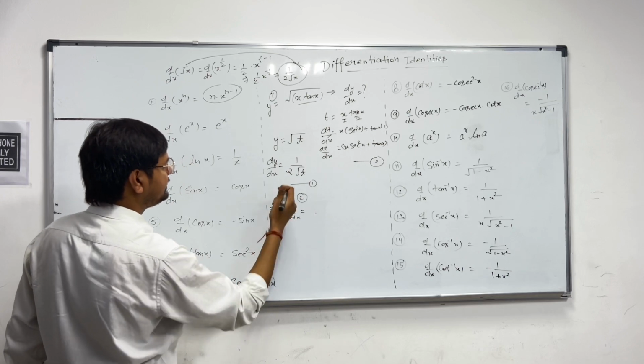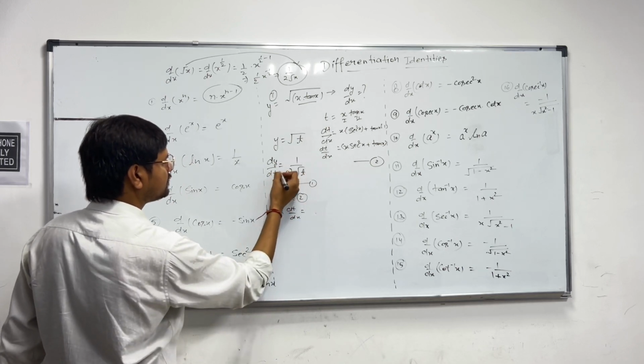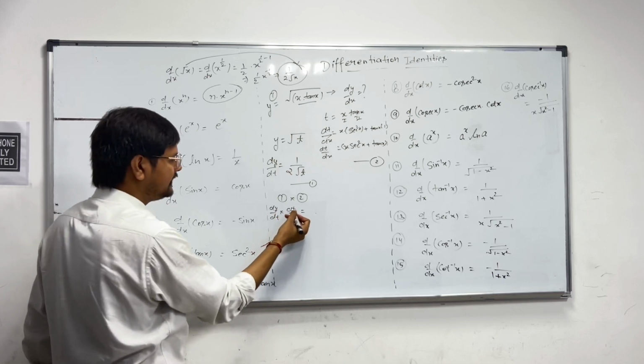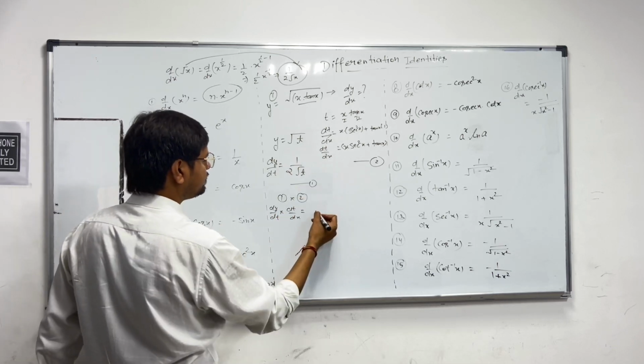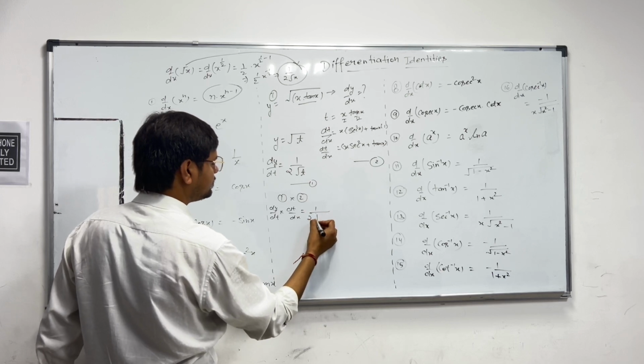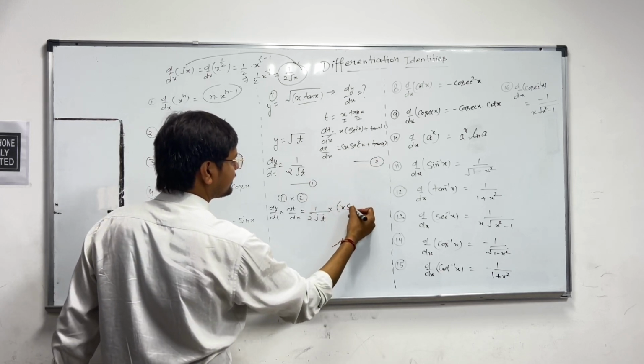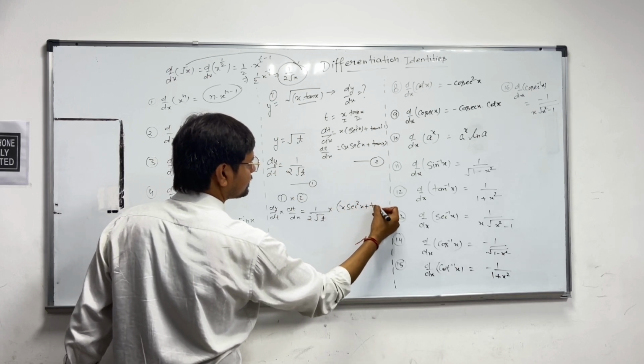Because the variable is t, this will be dy over dt into dt over dx. So if you want to find the product, it will be 1 over 2 root t, and the product with this one, it is x sec square x plus tan x.